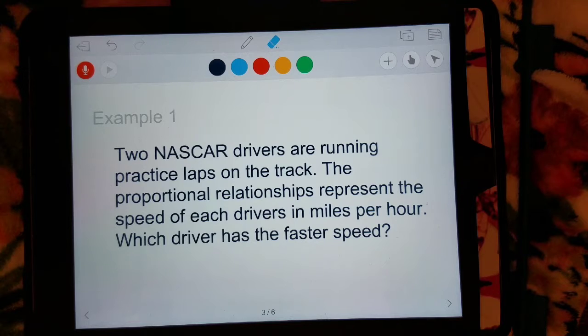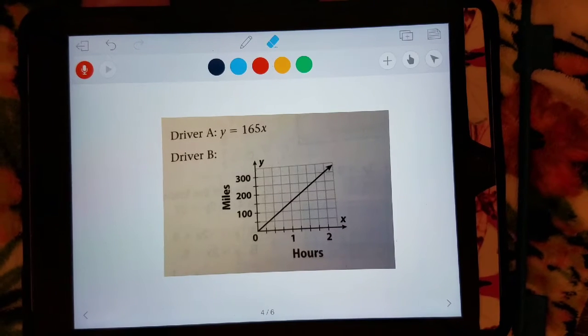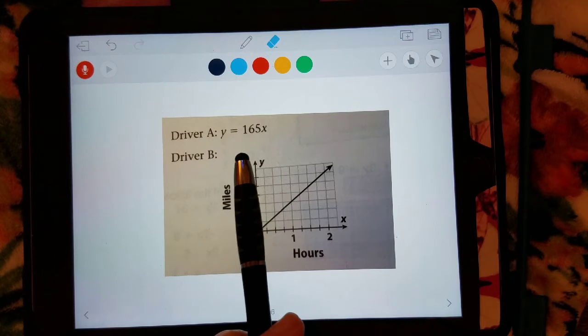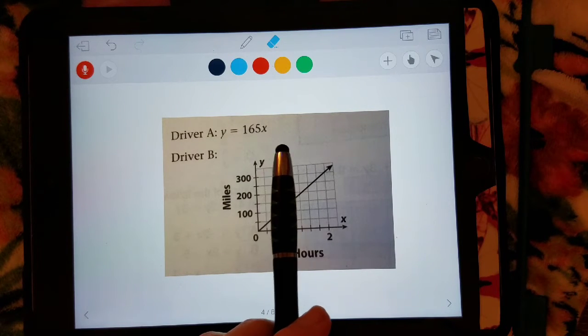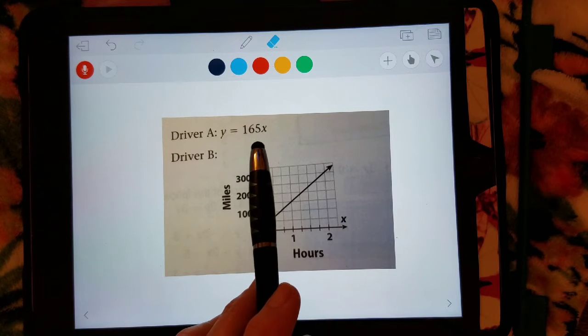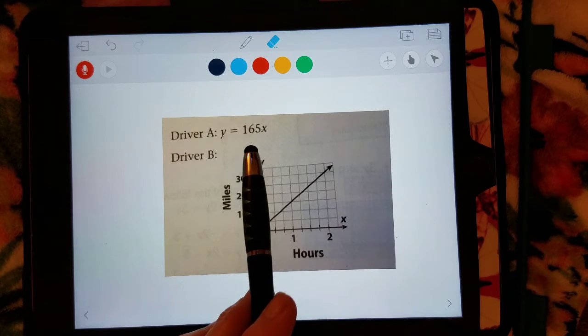Example 1. Two NASCAR drivers are running practice laps on a track. The proportional relationship represents the speed of each driver in miles per hour. Which driver has the faster speed? Okay, driver A is y equals 165x. So remember, whatever's next to your x is your slope or your constant.